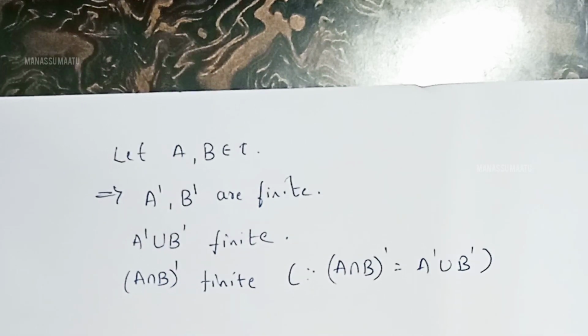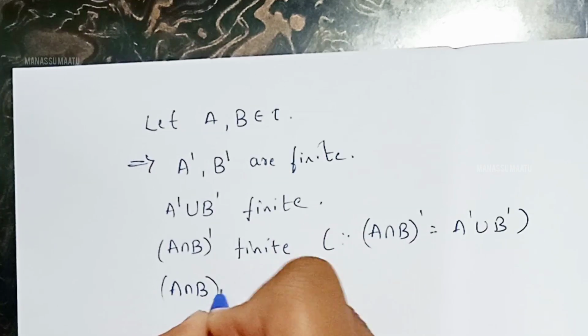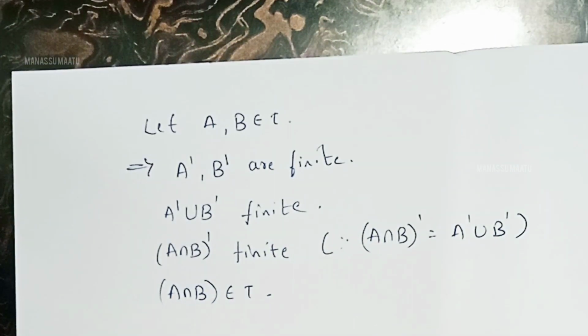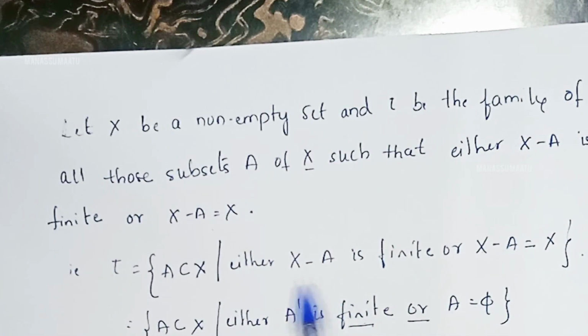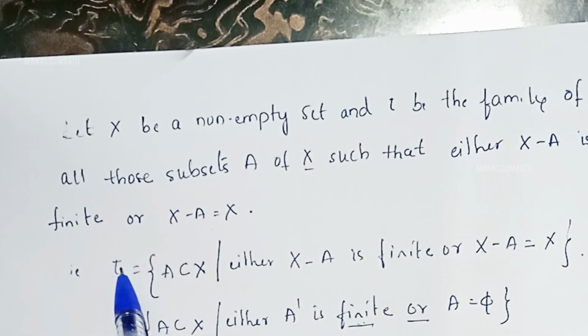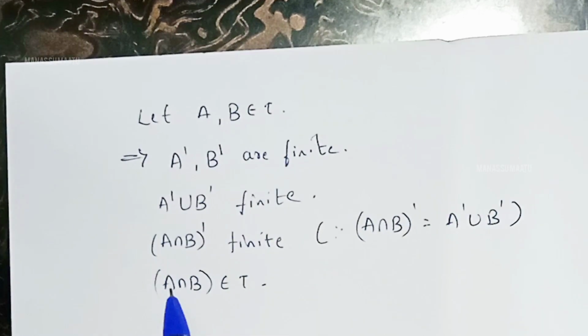Again, by the definition of tau defined here, the definition says either A dash is finite or A equals empty. Here we got the condition A dash is finite, with A intersection B instead of A, right? A intersection B complement is finite implies A intersection B belongs to tau.